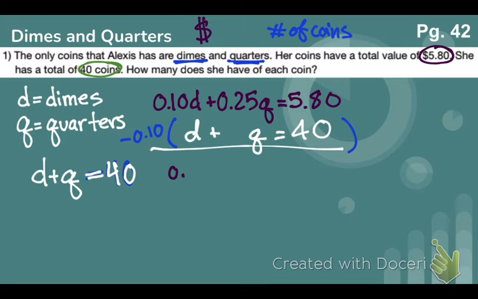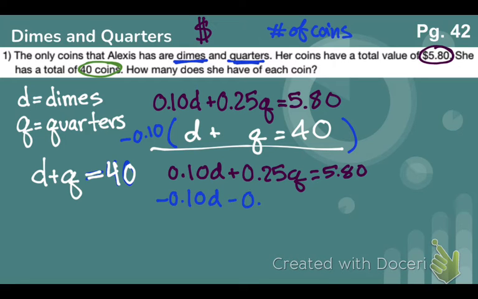Now I have -1 D. So what's my next step to solve?